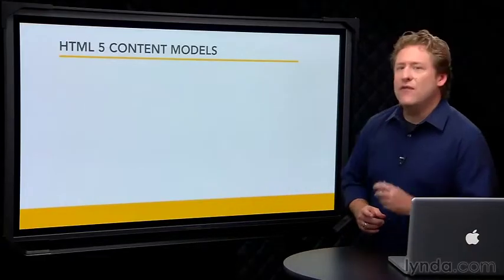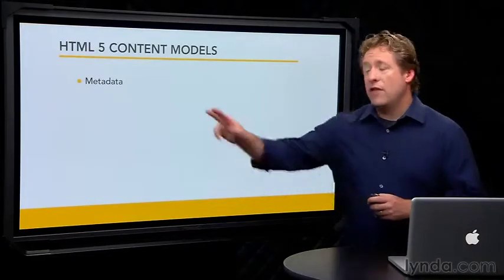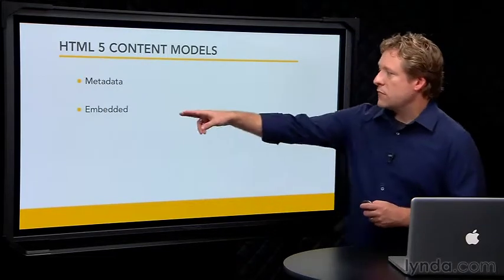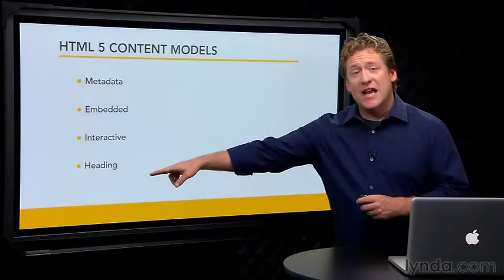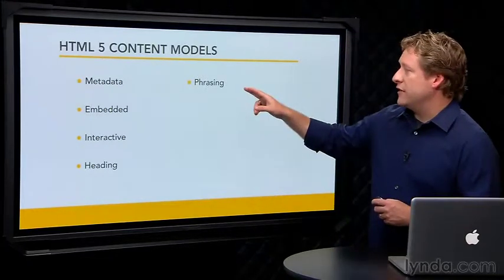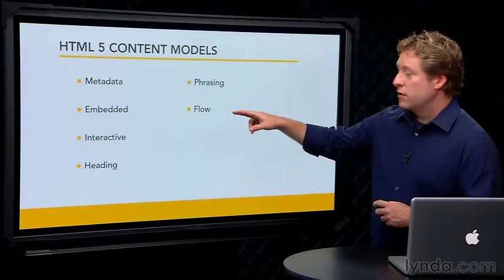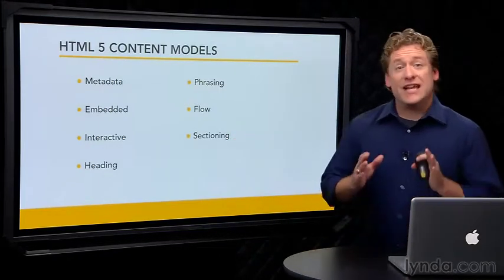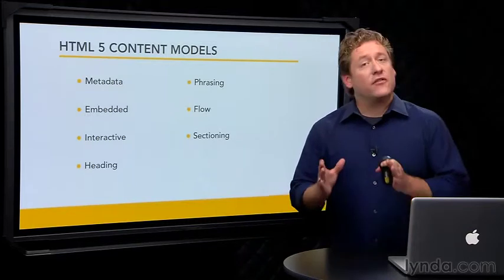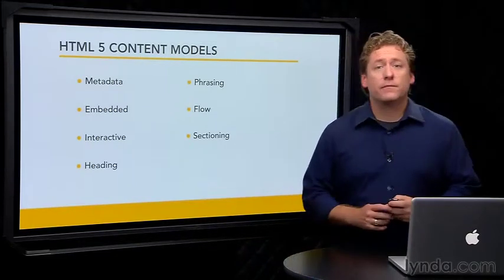HTML5 contains 7 main content models. They are metadata, embedded, interactive, heading, phrasing, flow, and sectioning. Let's take a closer look at each of these and a few sample elements that belong to these content models.